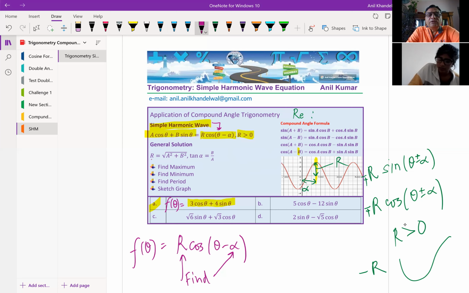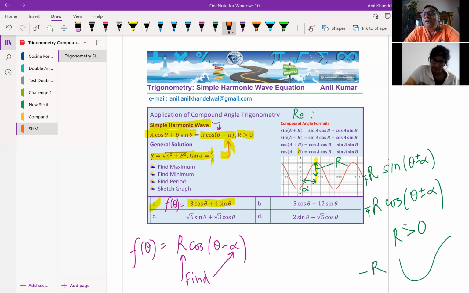R will be equal to the square root of a squared plus b squared, and tan alpha is b by a. So the constants a and b can be directly plugged into the formula, and you can directly find the equation. Is that clear to you?